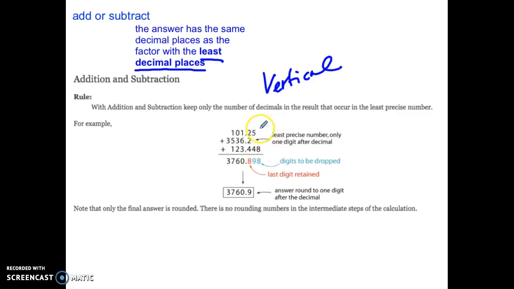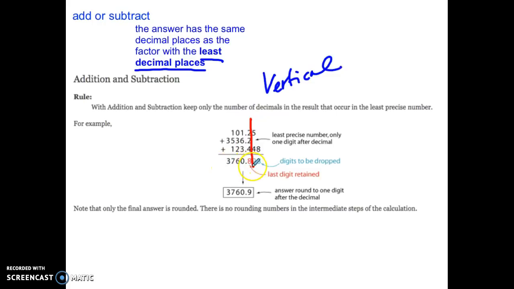And you'll notice here that this term is in the hundreds place, this term is in the tens place, and this term is in the thousands place. And what you can do when you're going vertical is put a line there, and that would limit how far out you can go.